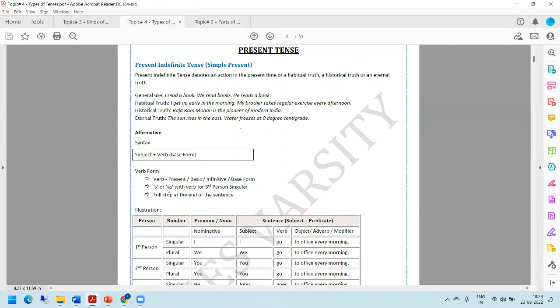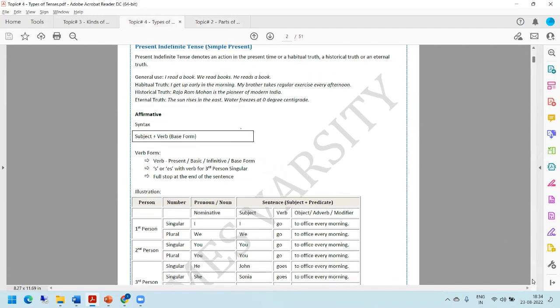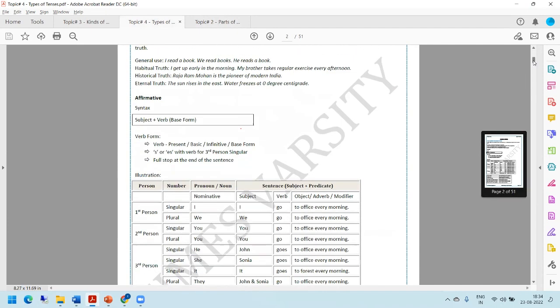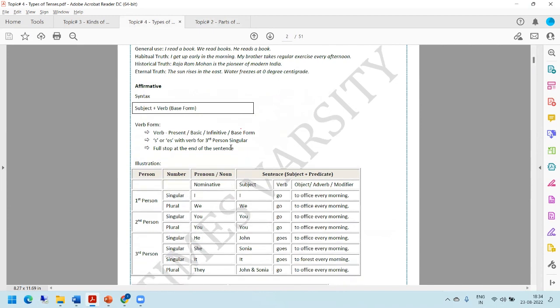Then s or es is added to the verb for third person singular, and a full stop at the end of the sentence, because this is an affirmative, assertive sentence. All assertive sentences end with a full stop.